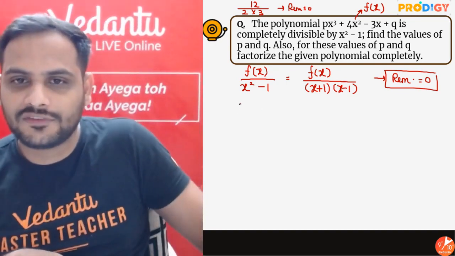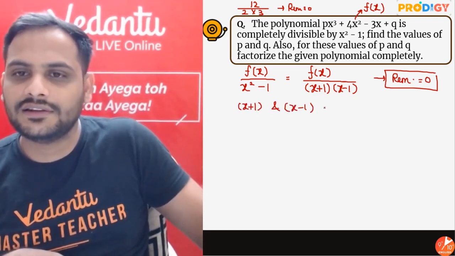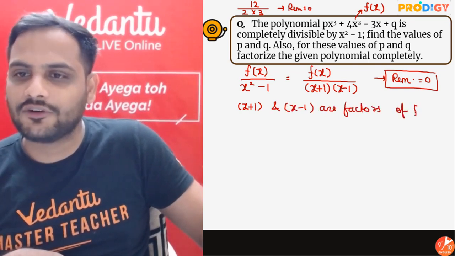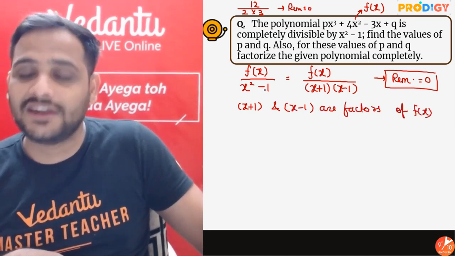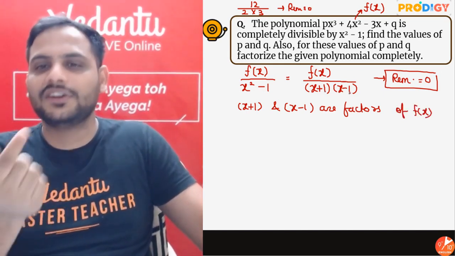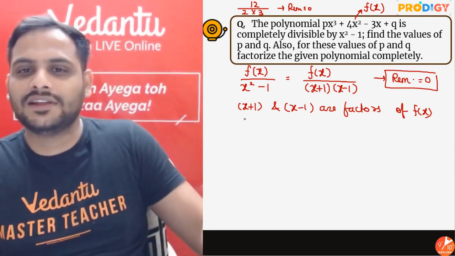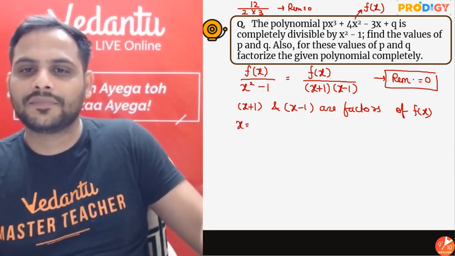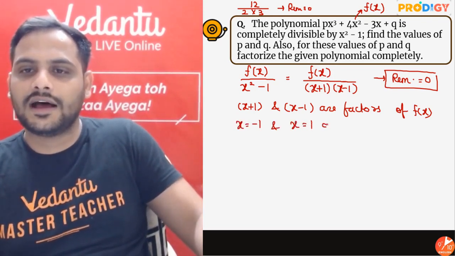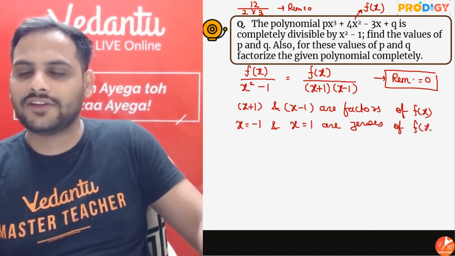Same way, x plus 1 and x minus 1 are factors of f of x, because if x square minus 1 is a factor, its factorization, which is x plus 1 into x minus 1, will also be factors of f of x. So if these are factors, the zeros will be x equal to minus 1 and x equal to 1, zeros of f of x.